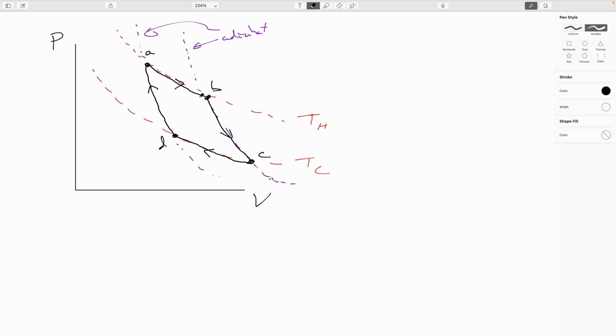Anyway, the work is still going to be the area enclosed by the diagram.